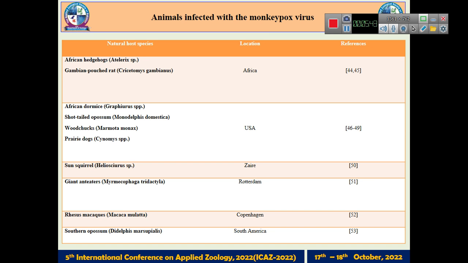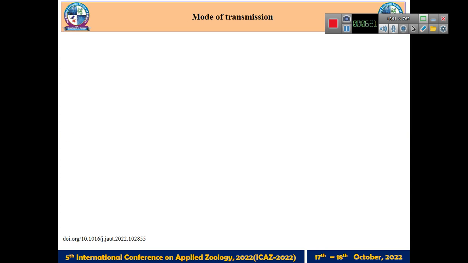As you see, animals infected with the monkeypox virus, like natural host species with their location, are shown here in the table. Like African hedgehogs, Gambian pouched rats from Africa, African dormice from USA, short-tailed opossum from USA, and sun squirrel from there, and giant anteater from Rotterdam, and so on.